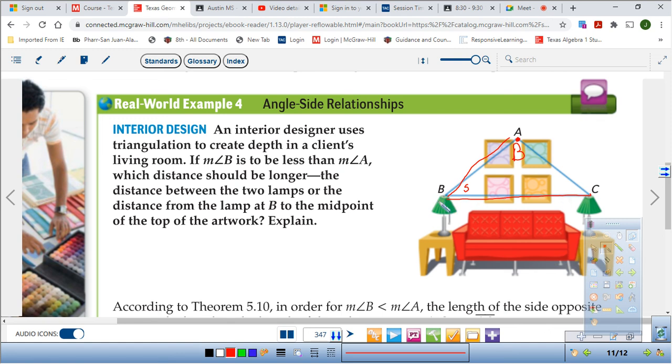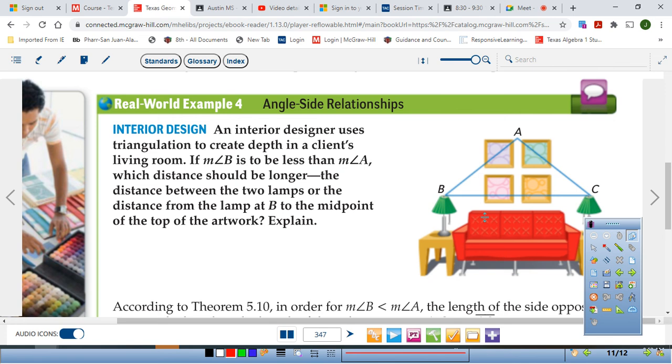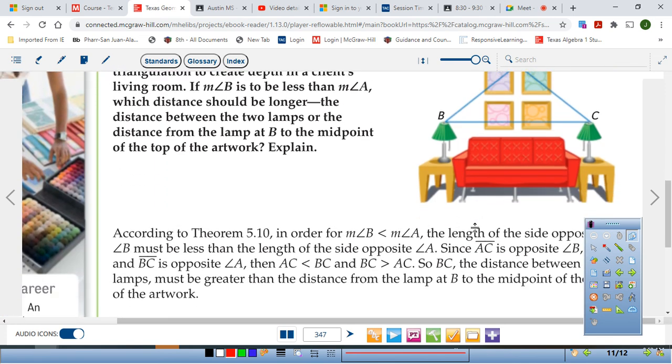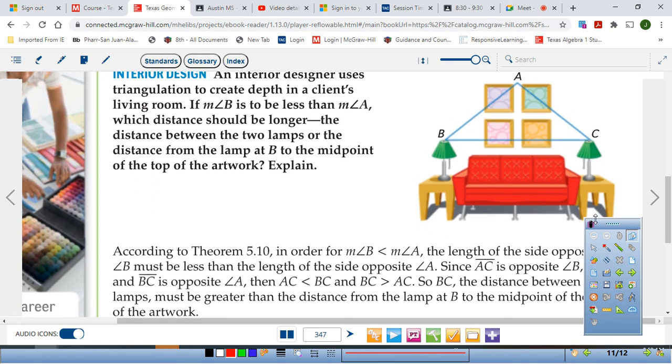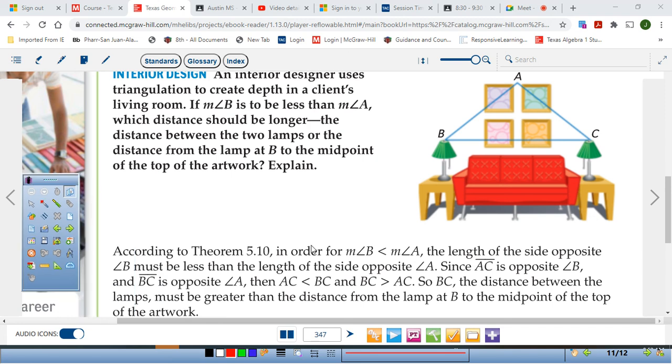Well, if we look at this length here, wouldn't that have to be the midpoint here also? Pretty cool. What do y'all think? According to the theorem, in order for angle B to be less than angle A, the length of the side opposite B must be less than the length of the side opposite A. All right?